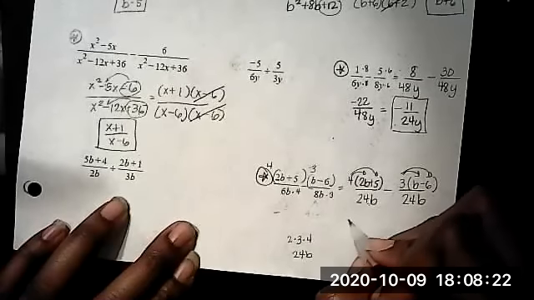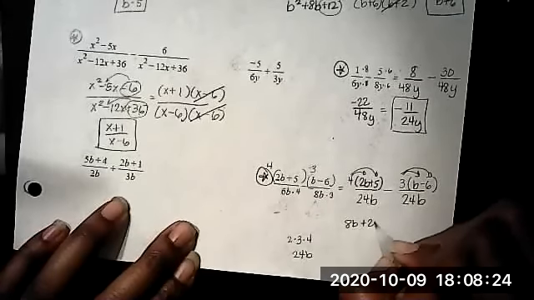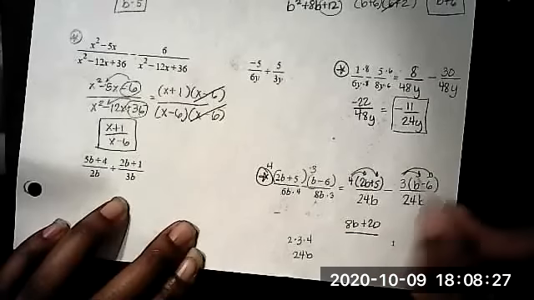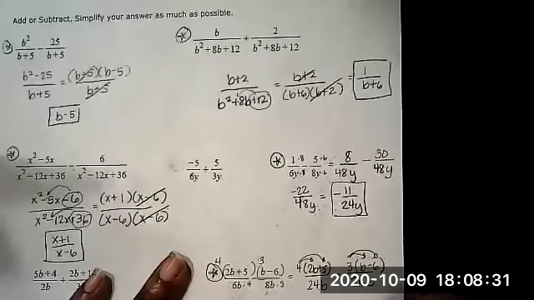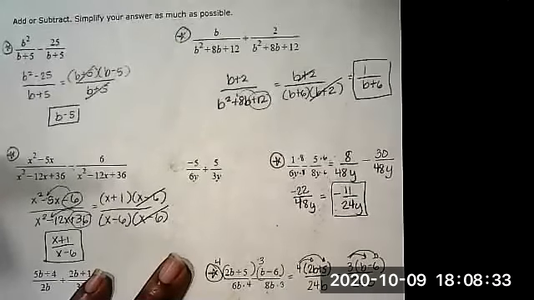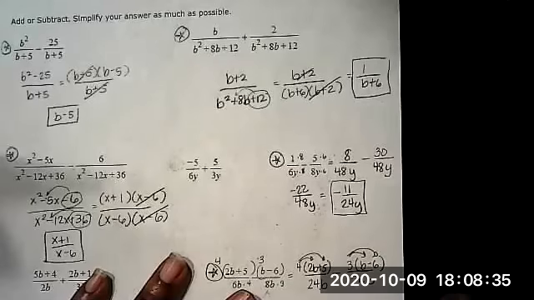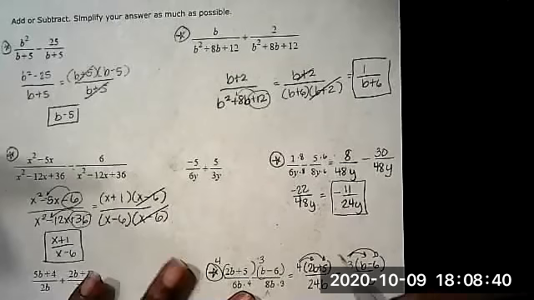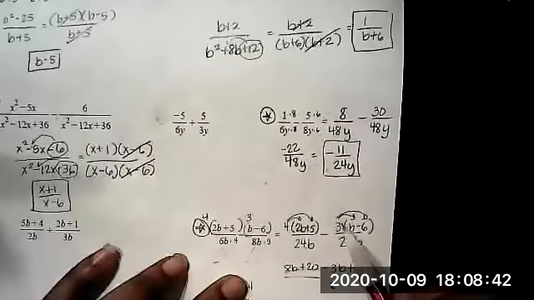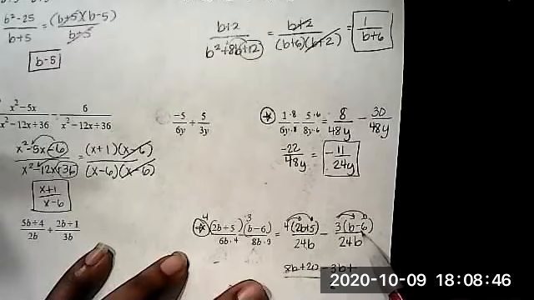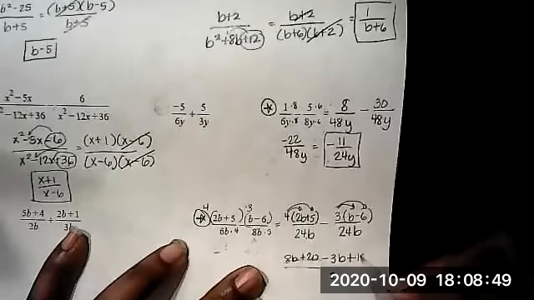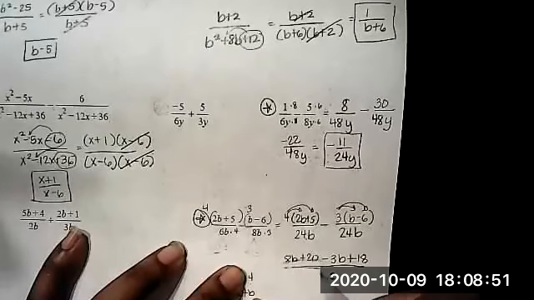So this becomes now 8B plus 20 over... minus 3B plus... why did I say plus? Because it's a negative 3. When I'm distributing, negative 3 times B is negative 3B. Negative 3 times negative 6 is positive 18. All over the common denominator, which is 24B.